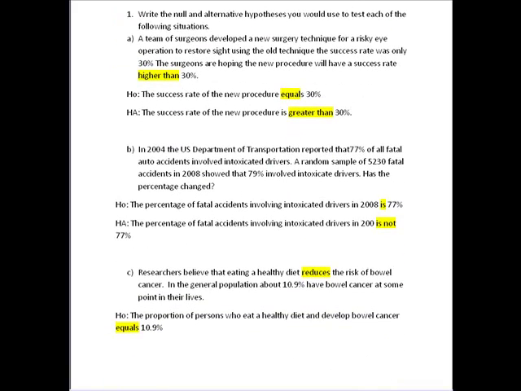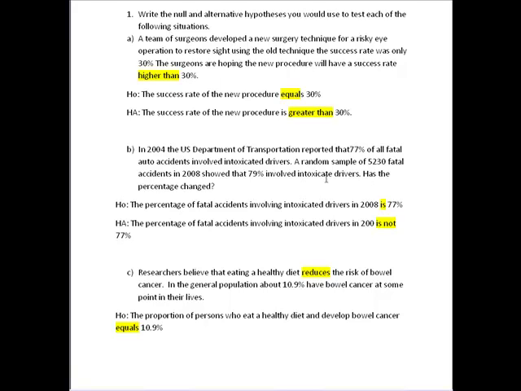A second scenario. In 2004, the U.S. Department of Transportation reported that 77% of all fatal auto accidents involved an intoxicated driver. A random sample of 5,230 accidents in 2008 showed that 79% involved intoxicated drivers.